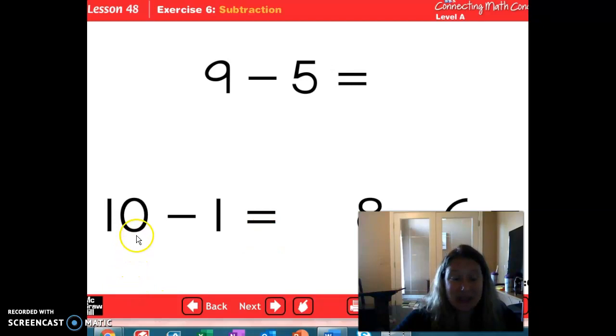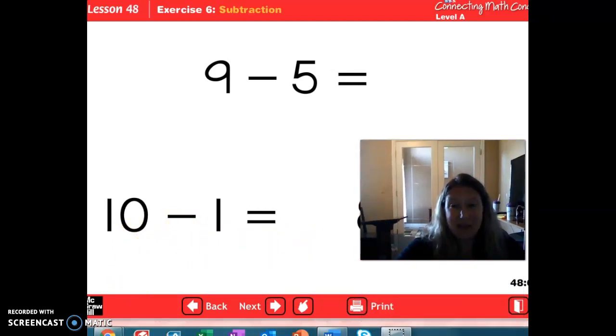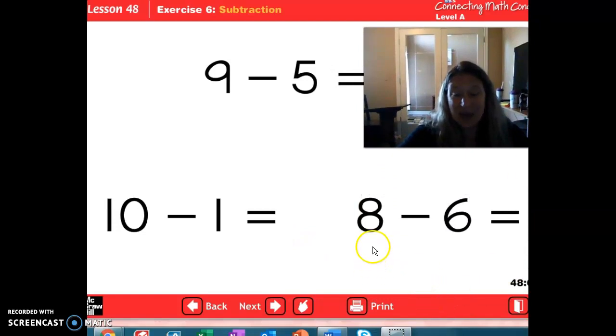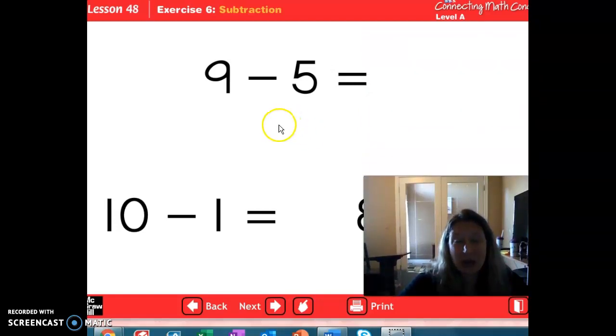Your turn. Good. And the last problem, 8 take away 6 equals. Your turn. Okay. So since these are takeaway problems, we are going to make lines for the number we start with.